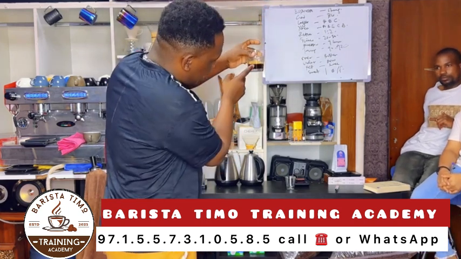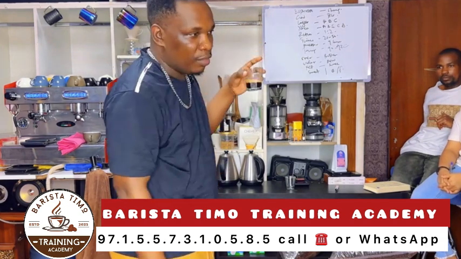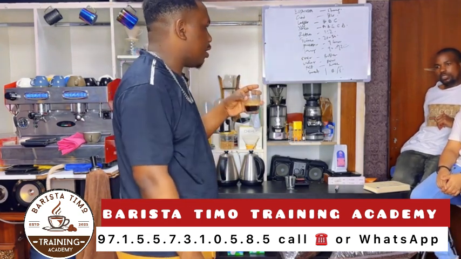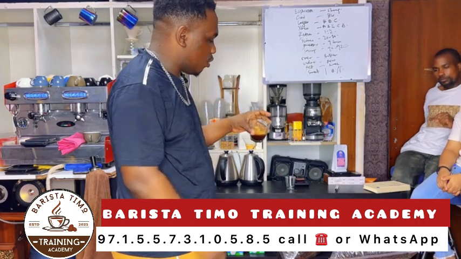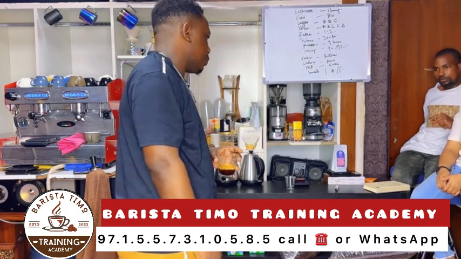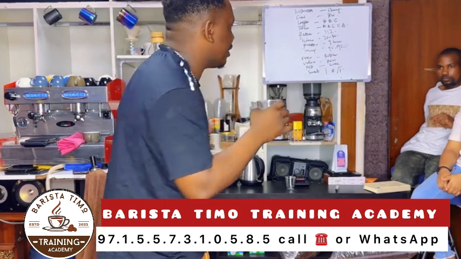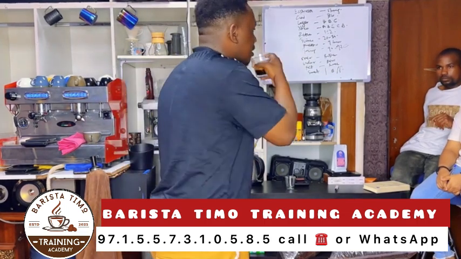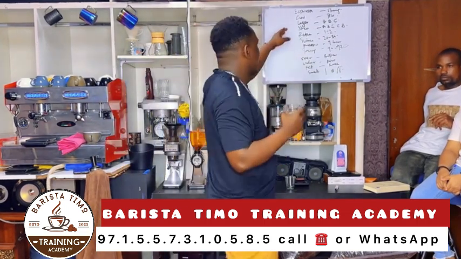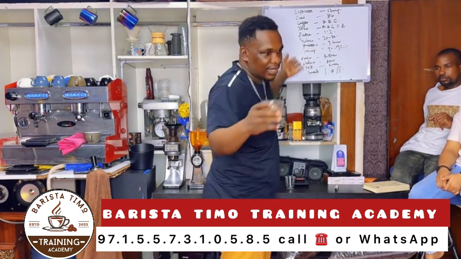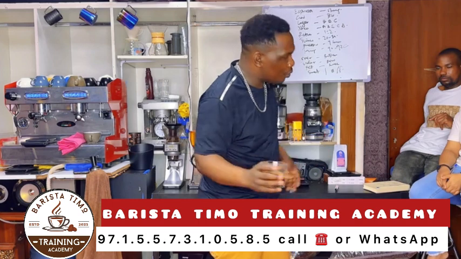This one you see is what we call the body of espresso. The layer on top is what we call the crema. This is the golden layer you see on top of your espresso. It means now the layers are there, but it's not a guarantee that this coffee is good. I must test it to see if it has the following characteristics. As simple as that. Tomorrow you're a barista.